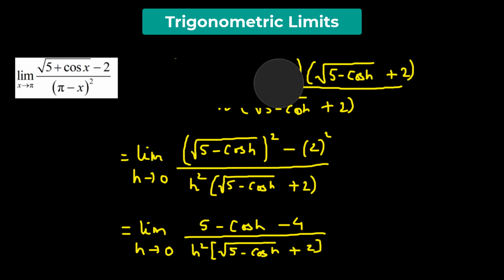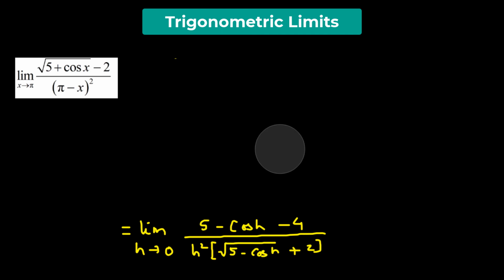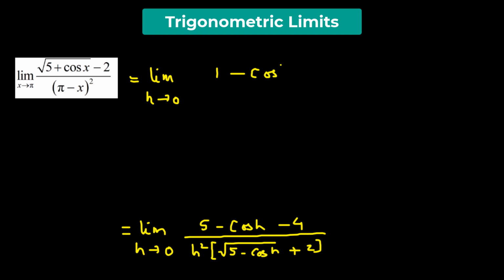Arranging the numerator, so the expression will now become the limit as h approaching 0 of 1 minus cosine of h divided by h squared times 2 plus the square root of 5 minus cosine of h.